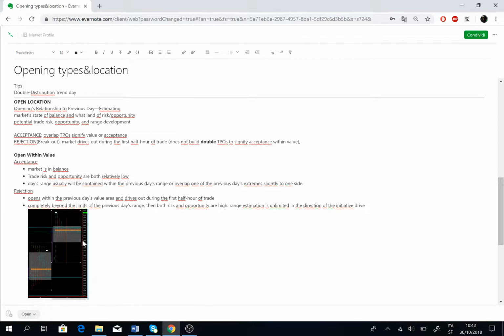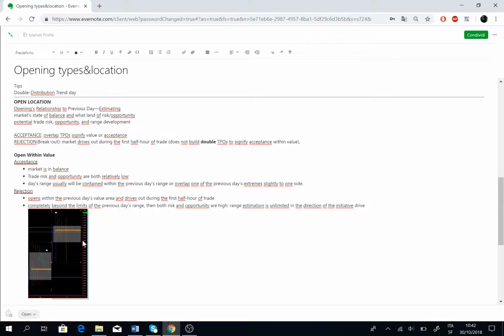Acceptance is when we have overlapping type U's that signify value or acceptance. We are accepting the new range we are trading in. Rejection is when the market drives out during the first hour of trade and does not build double type U's to signify acceptance within value.